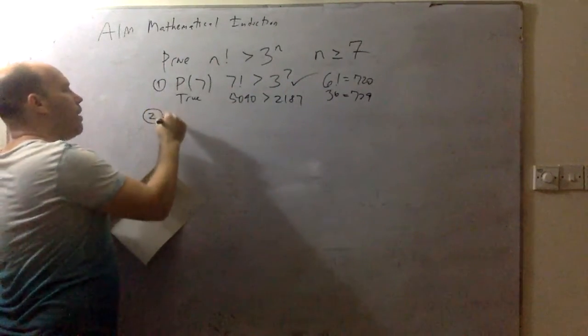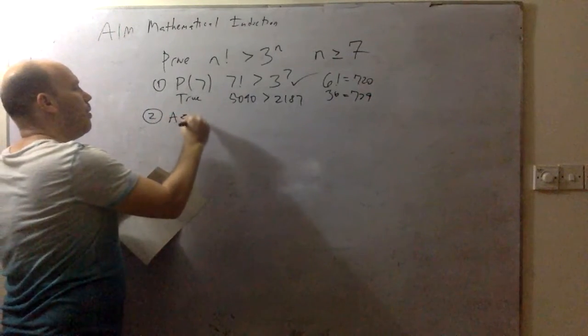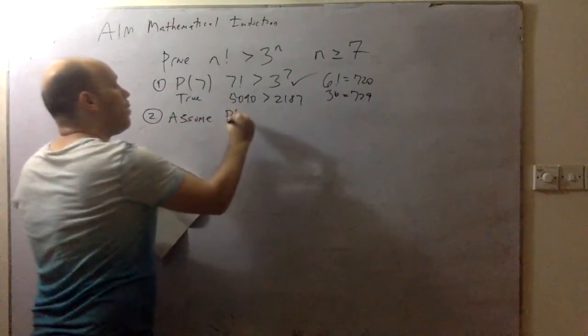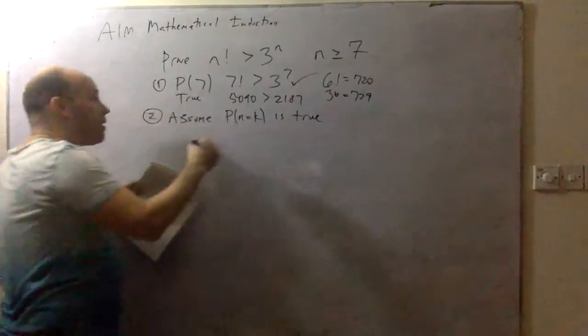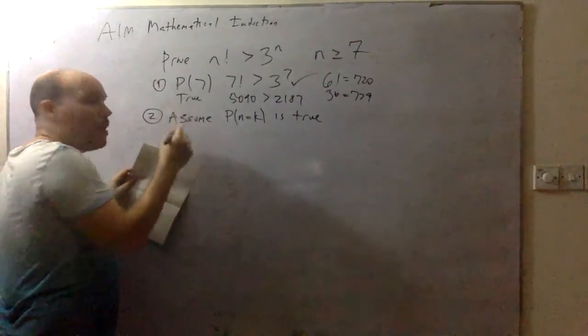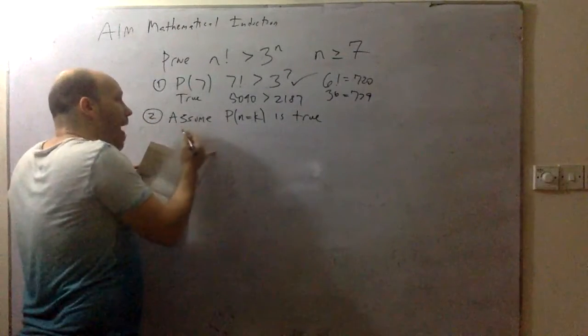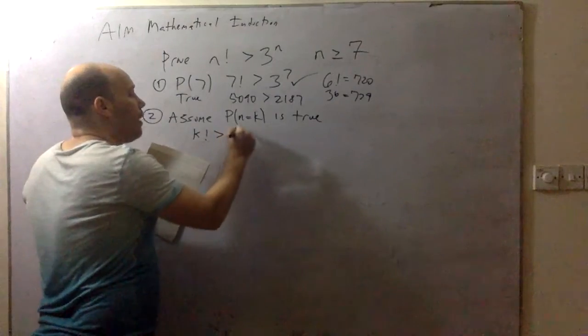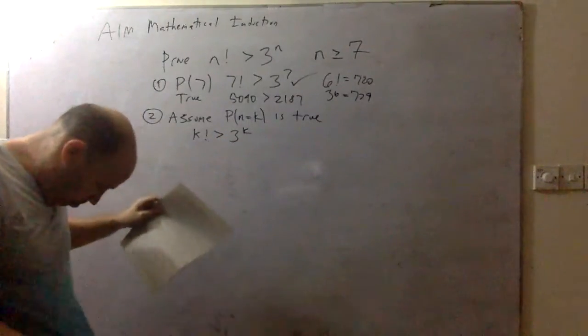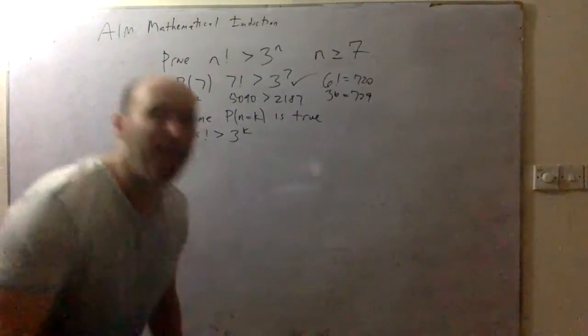Now, next, assume that the proposition at n equals k is true. So the statement is that k factorial is greater than 3 to the k. We're assuming that's true.